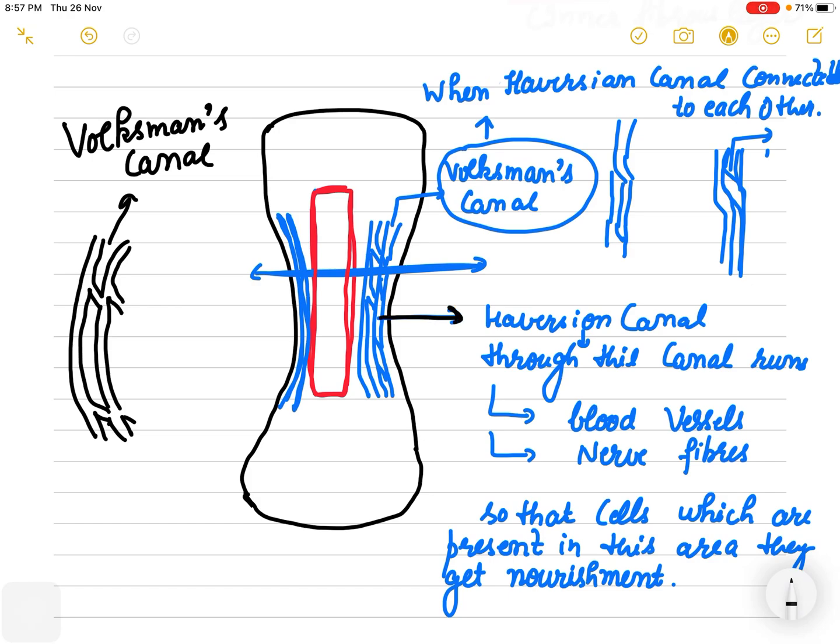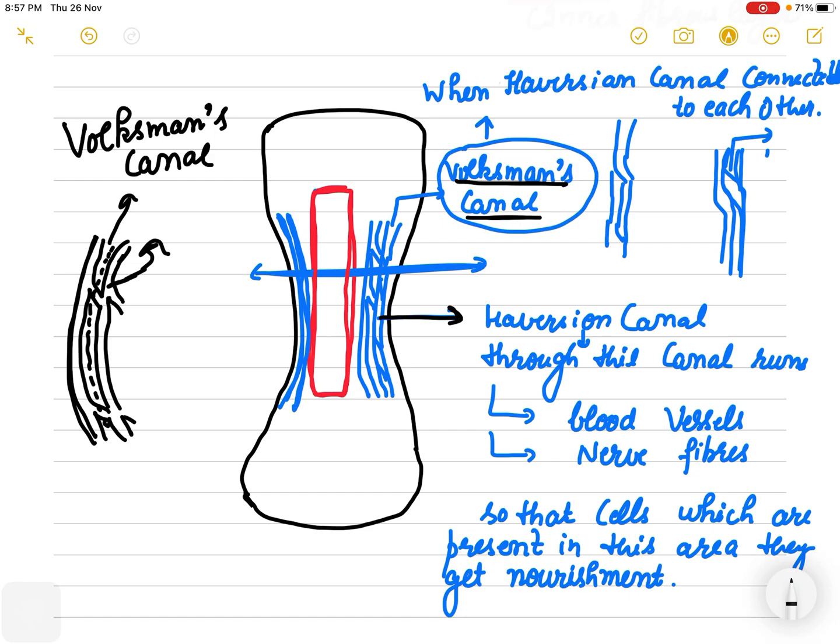The main canal is the Haversian canal, but when these canals connect with each other, they form the Volkmann's canal.